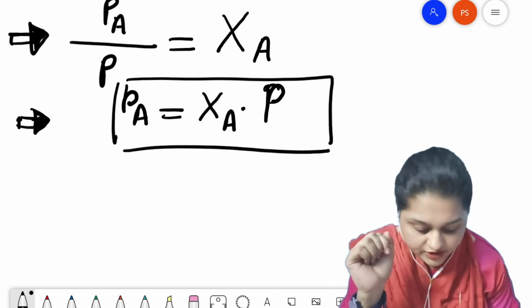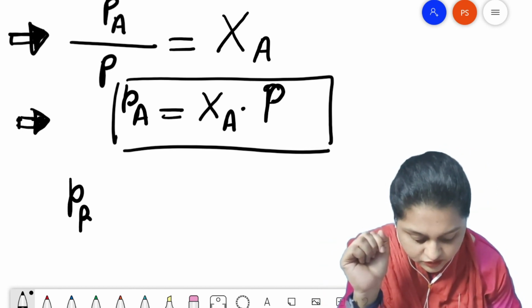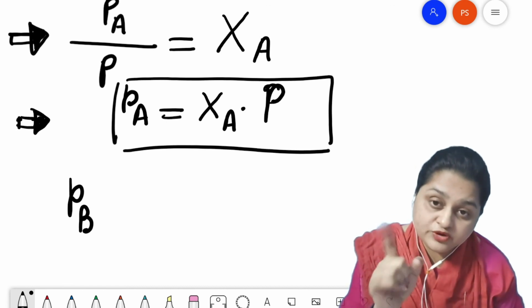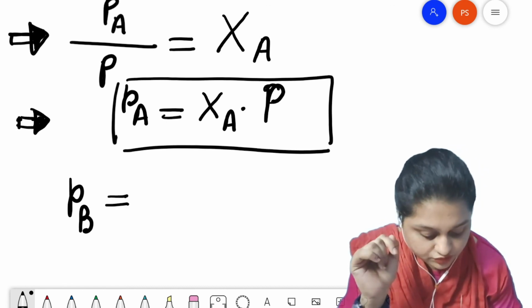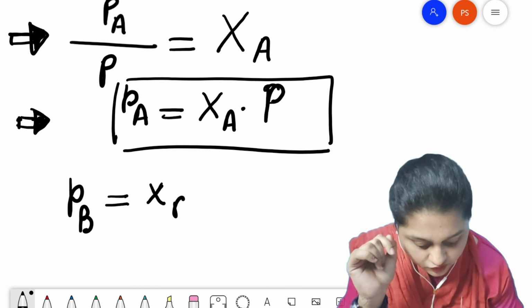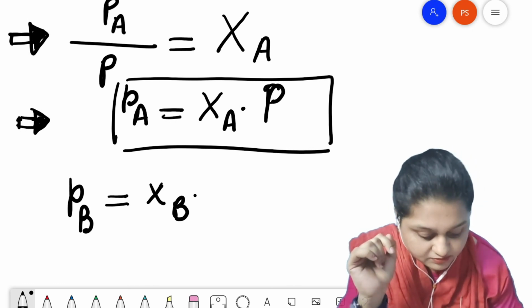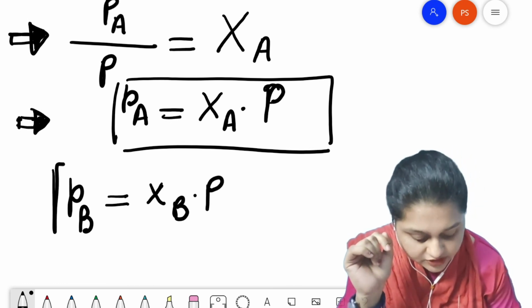In a similar way, we can find the partial pressure of component gas B equals the mole fraction of component gas B in the mixture multiplied by the total pressure of the mixture.